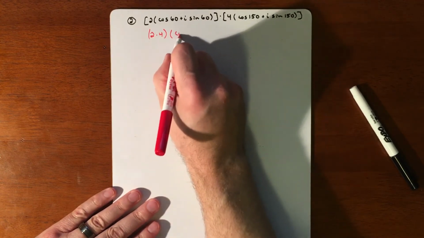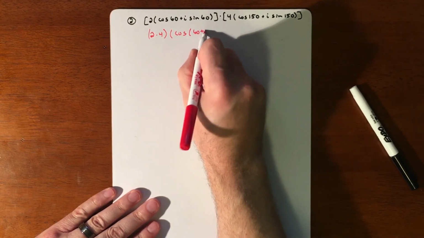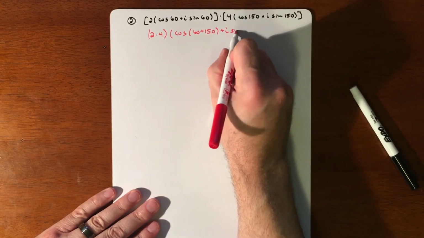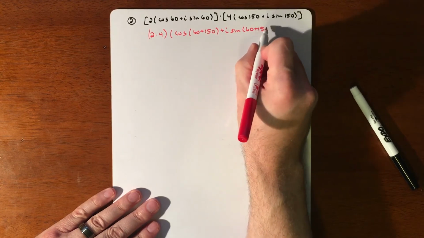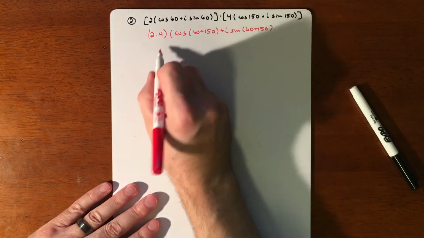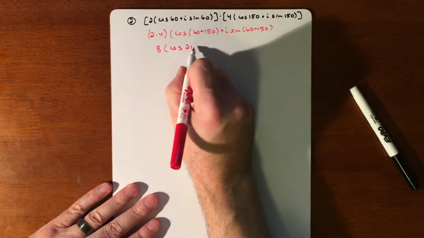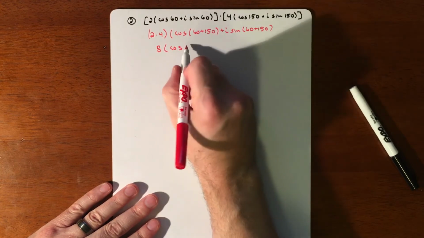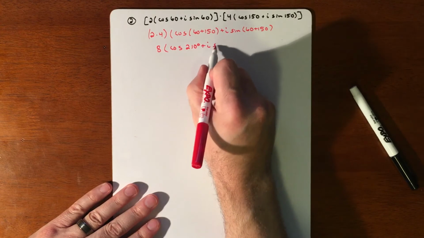And then our cosine, we're going to be adding 60 and 150, plus i sine of 60 plus 150. So this is 8 cosine 210 plus i sine of 210.